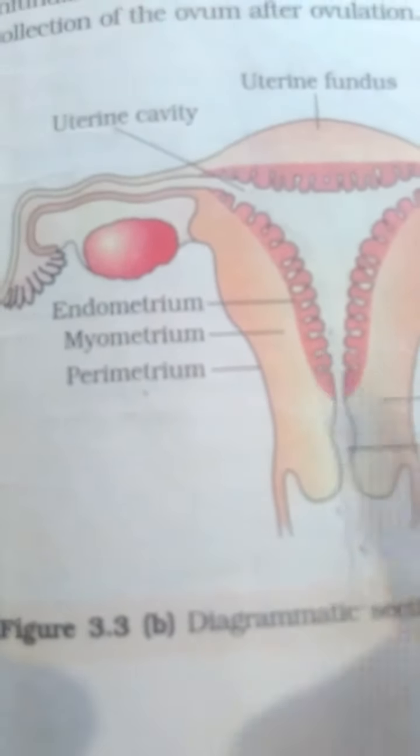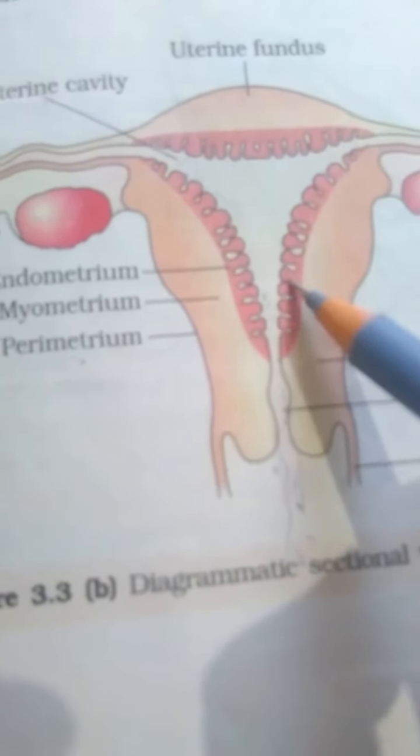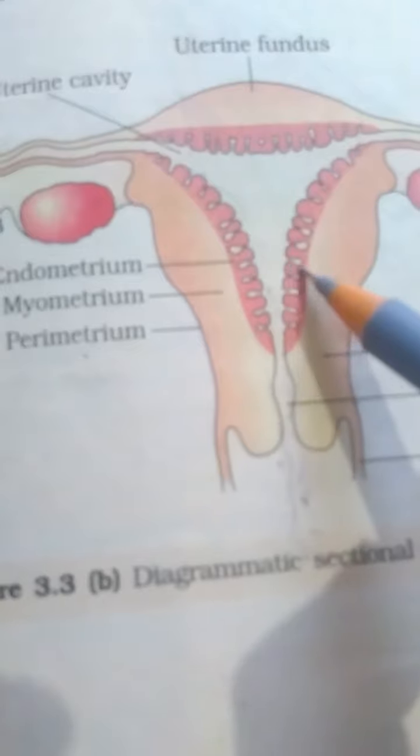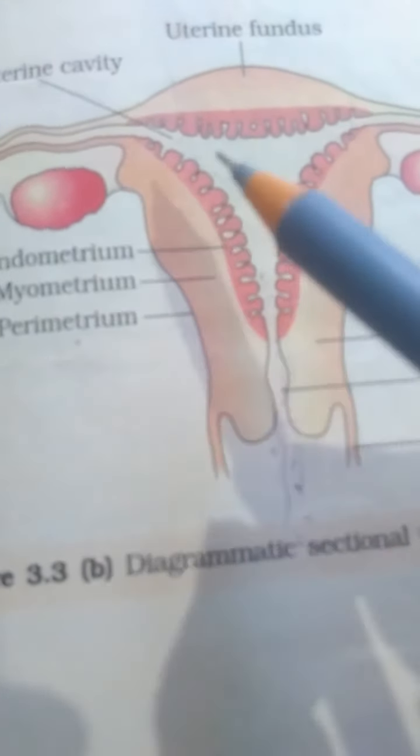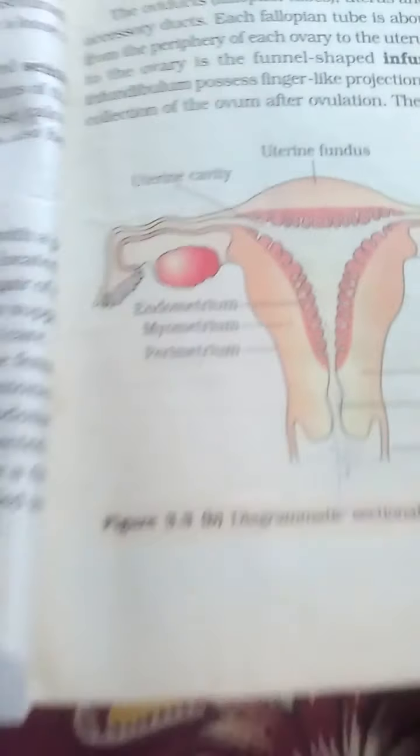So that is the glandular layer, right? And it is this layer which actually helps in the attachment of the fetus, attachment of the embryo with the uterus. Okay?